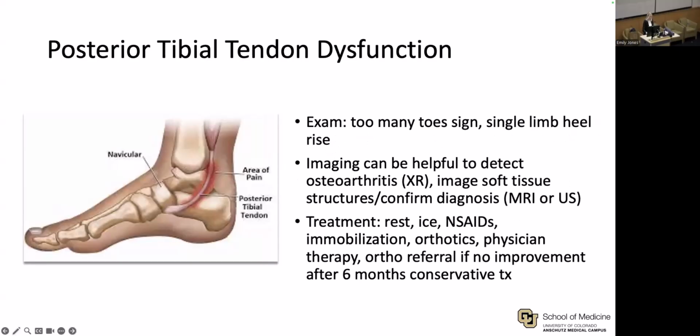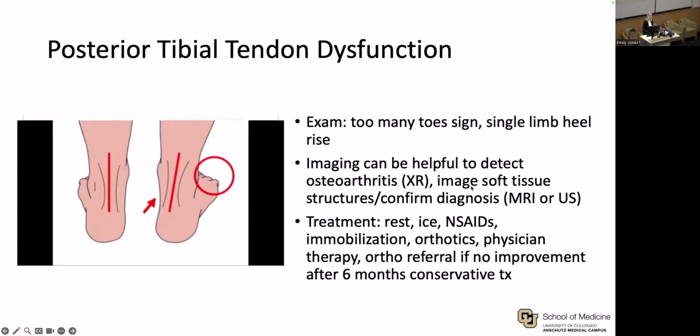And then on exam, people have the too many toes sign, which is if you're standing behind them, this is what a normal foot and ankle might look like. Here, they've got a flat foot, maybe some overpronation. And so you're seeing more toes on that lateral side than you should be. And then imaging, you can get imaging to detect osteoarthritis. You can get an MRI or an ultrasound to actually look at the tendon, but the treatment's going to be, at least to start, physical therapy.